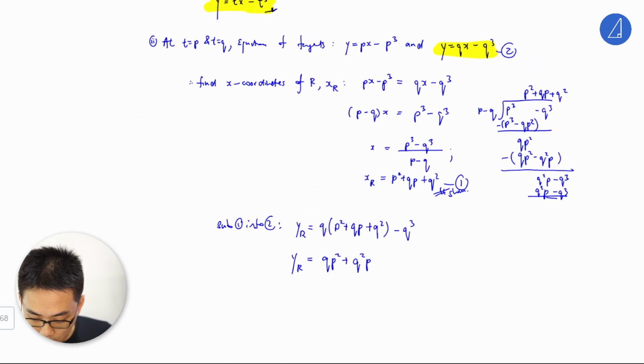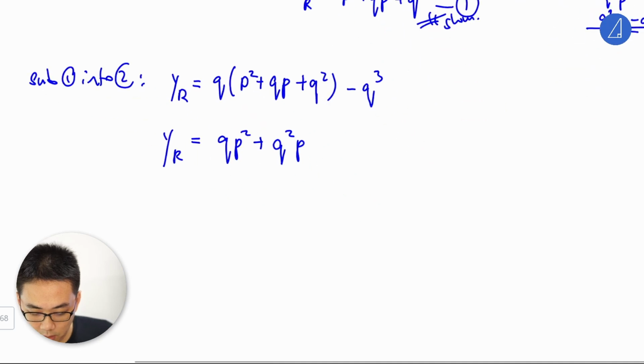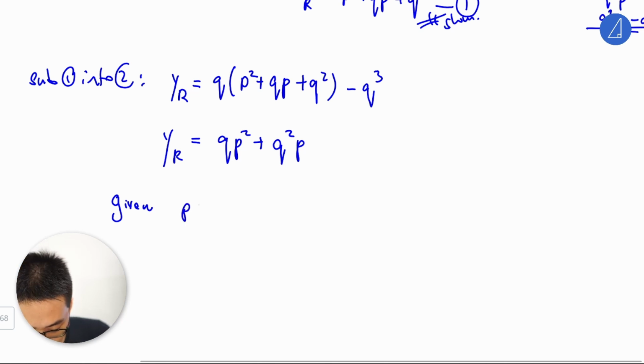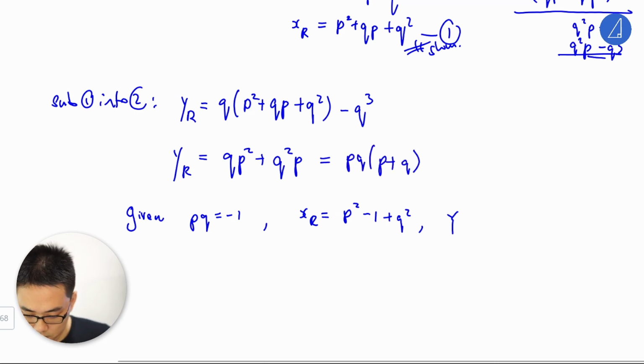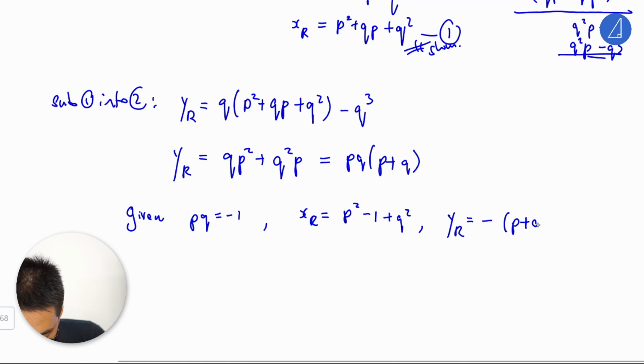Then you just factorize, because we're given that p times q is -1. So xR will become p squared, yR.